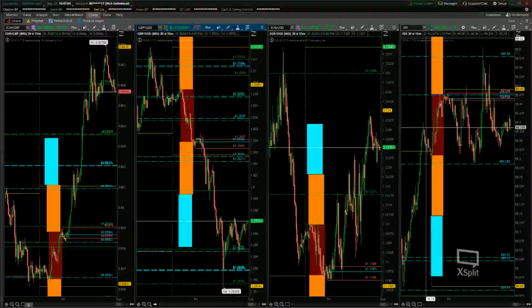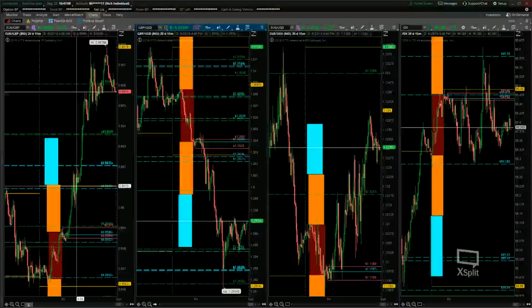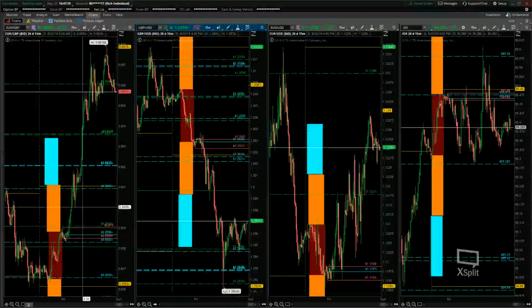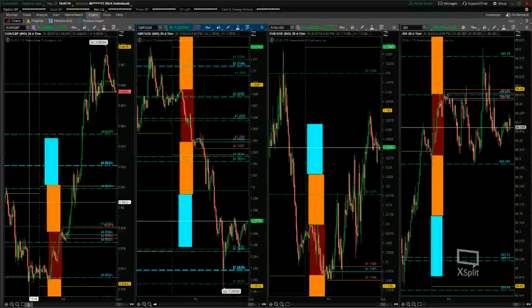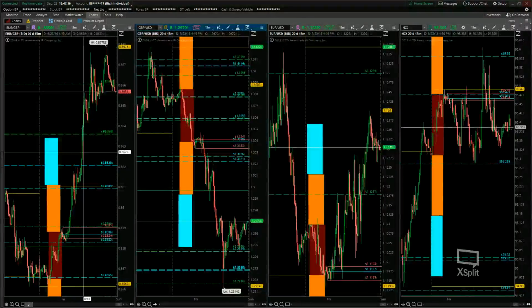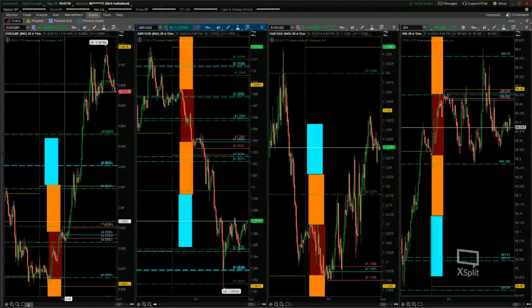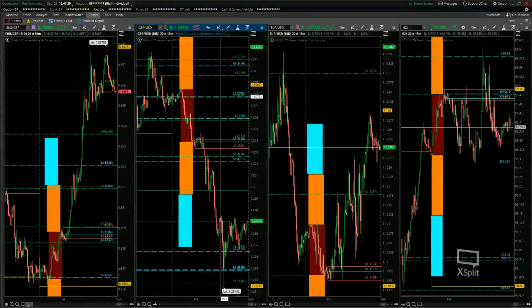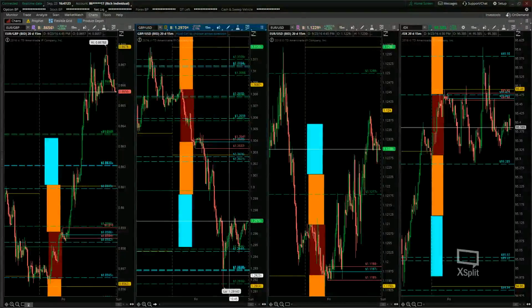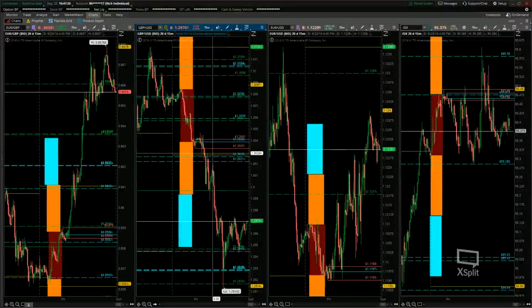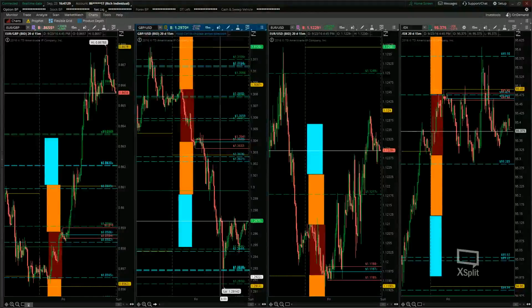You've got the euro British pound on this line, and it's watching the euro against the British pound, and you can see it was definitely an up day. Whatever this one's doing, it'll usually be inverse. You can see the British pound US dollar going down on this same day.